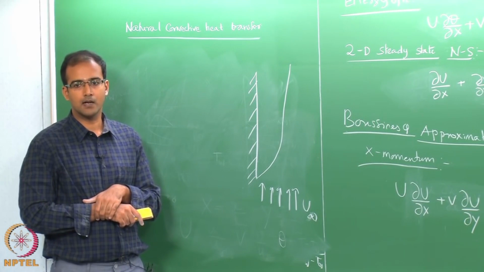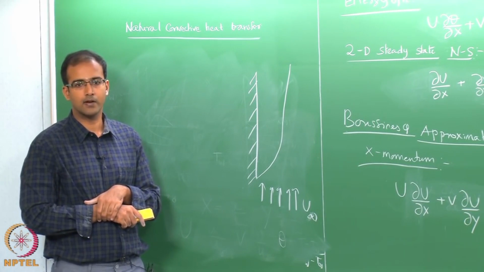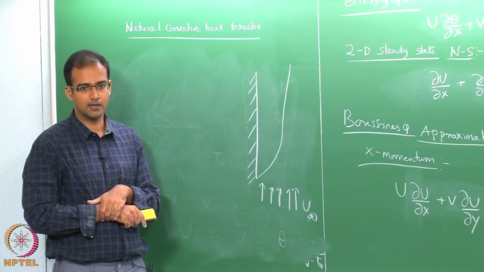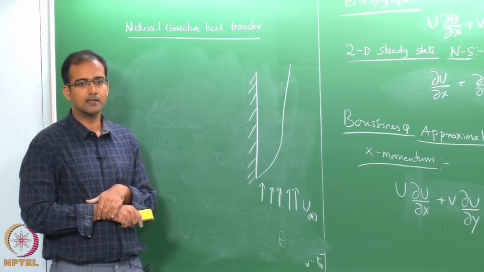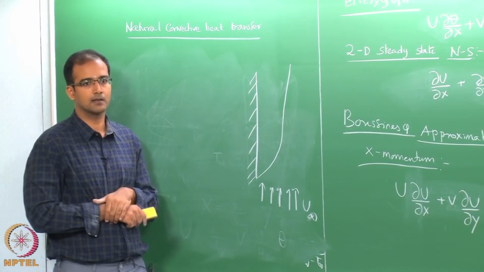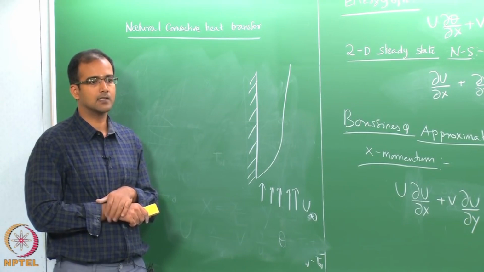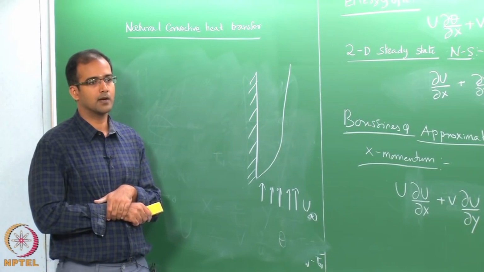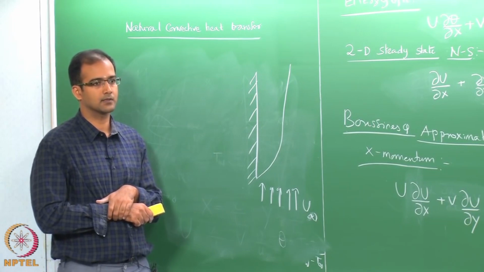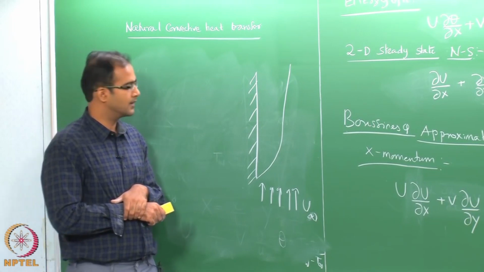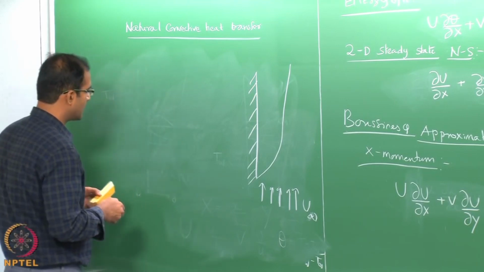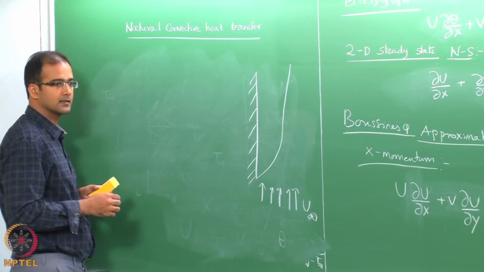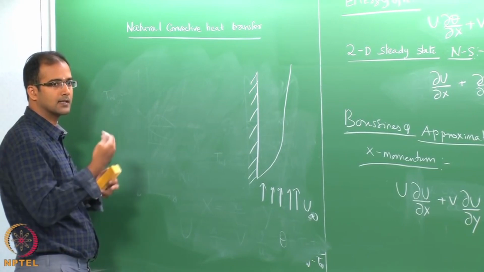So, you can define the Reynolds number using u infinity, which indicates the external bulk convective motion, and the Grashof number is still decided by the ratio of buoyancy to viscous forces.